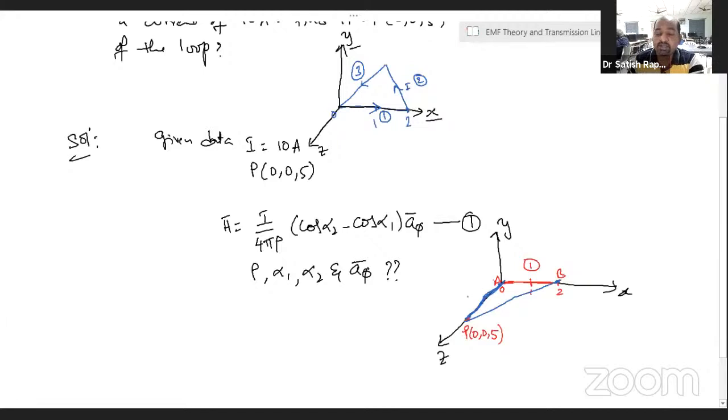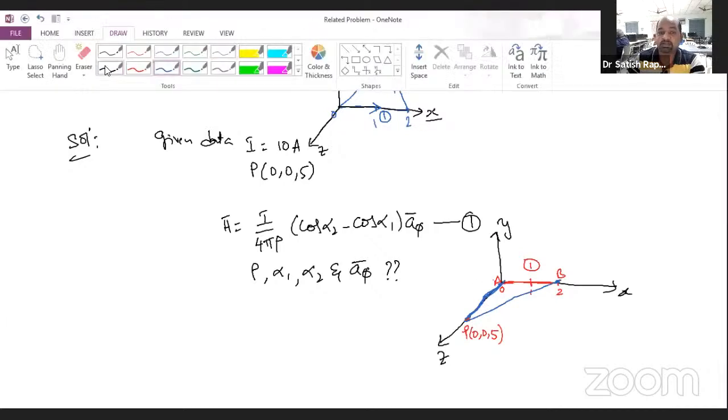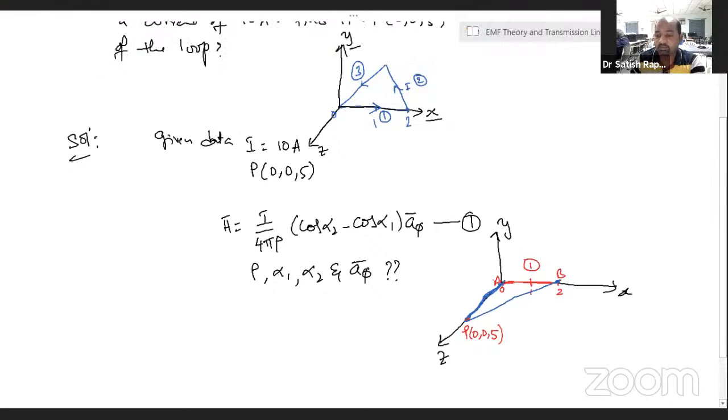Rho is the normal distance from point P to the axis on which the straight wire is considered. On which axis is the straight wire considered? On the x-axis.